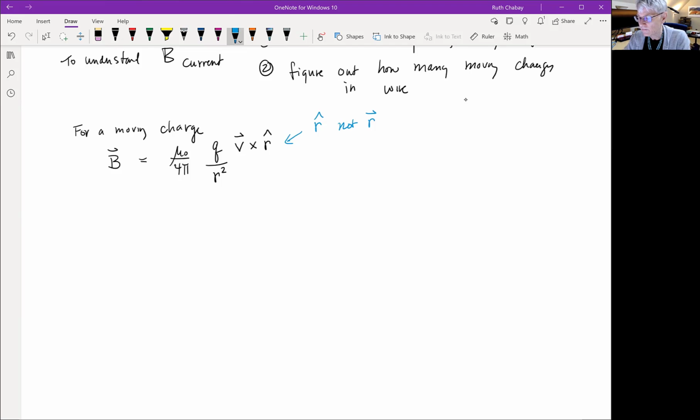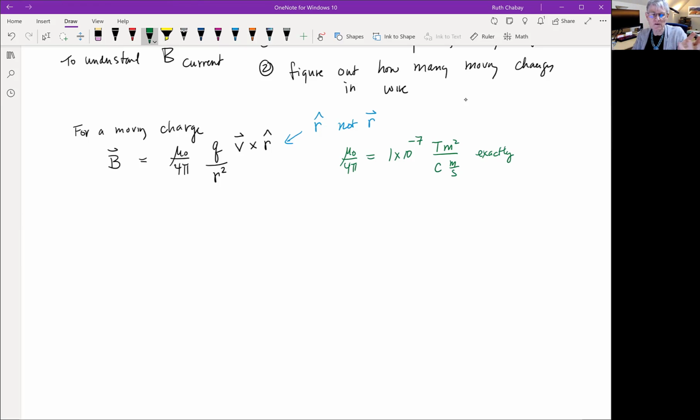So what do these things mean? Well, mu 0 over 4 pi is, of course, a constant. It's equal to 1 times 10 to the minus 7 Tesla meters squared per Coulomb meter per second, exactly. Why is it exact?